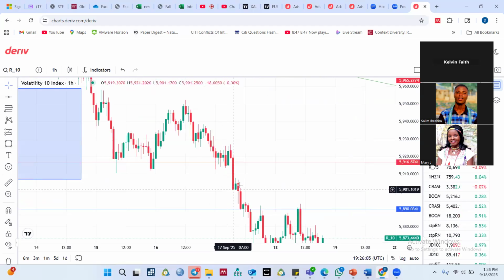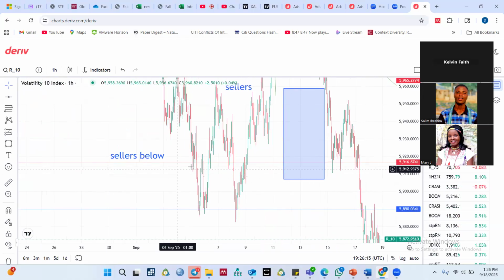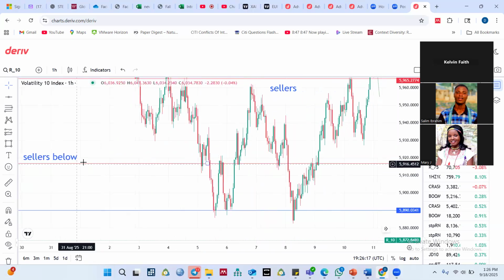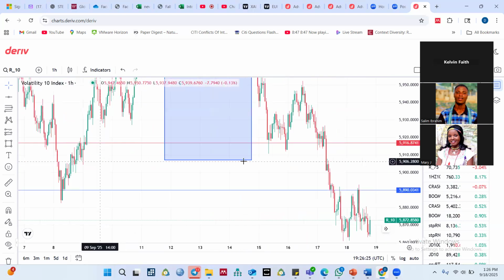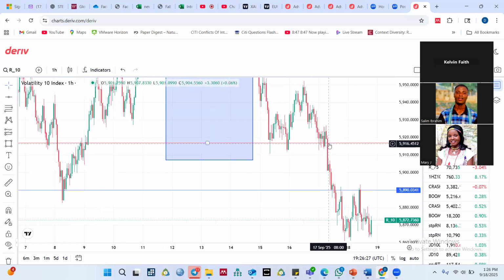Look at the nature of the candle that closed below it. It's big, signaling that there is heavy selling activity that can go on here. And like we said already, below here is sellers. You see here too, big selling activity, big selling activity. Here too, big selling activity, you should have entered.